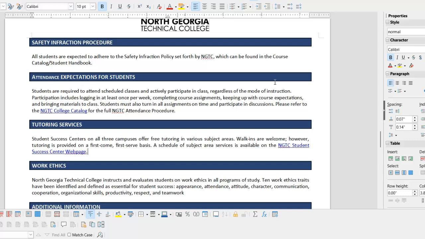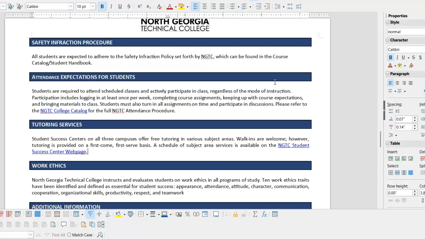I do not take attendance because we don't take attendance, but you are required to attend scheduled classes. And even though we don't have scheduled classes, we do have active participation. So you do need to be sure that you get your work in before the deadlines. Participation includes logging in at least once per week, completing course assignments, keeping up with course expectations, and bringing materials to class.